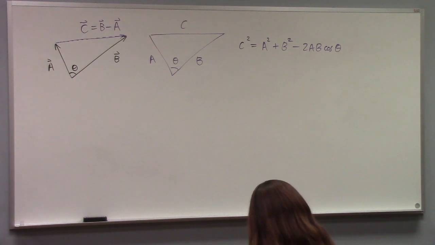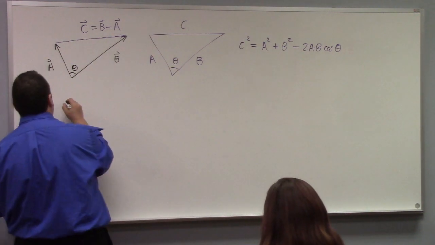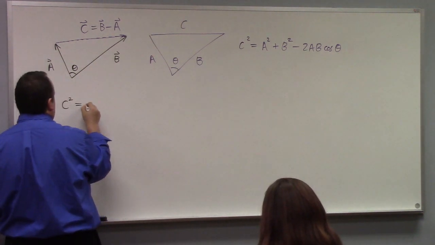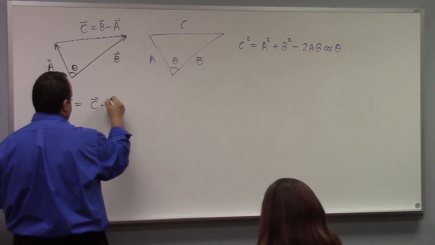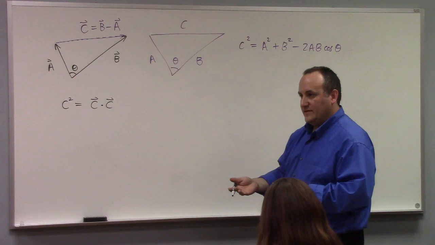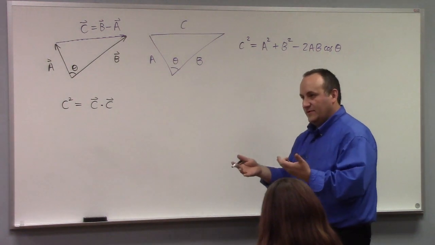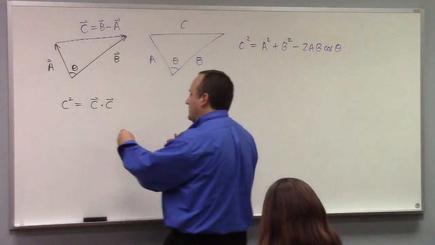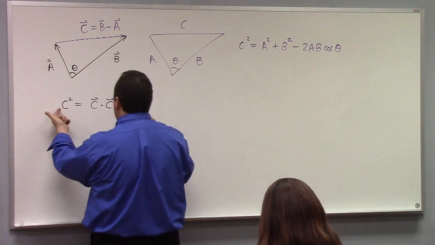Now, C squared, check this out though, C squared is C dot C, right? We learned this today. The dot product of a vector with itself is the magnitude of the vector squared.